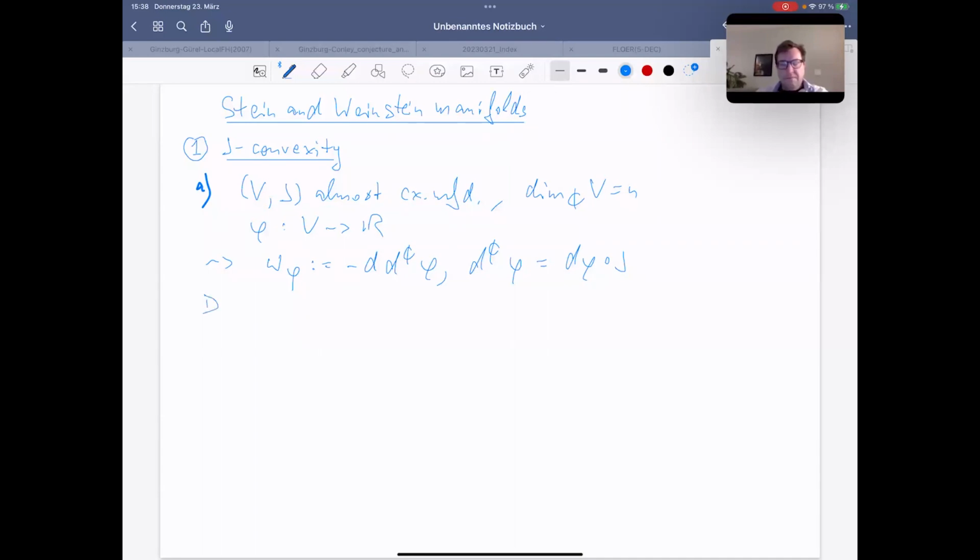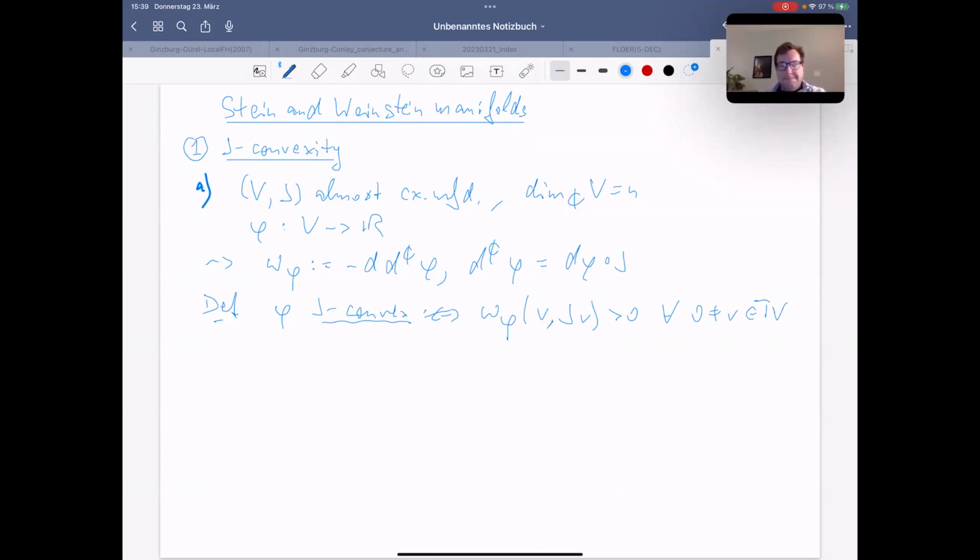Then a function phi is J convex if this two form is positive on complex lines, meaning omega phi of a tangent vector v and J times v should always be positive for all non-zero tangent vectors.